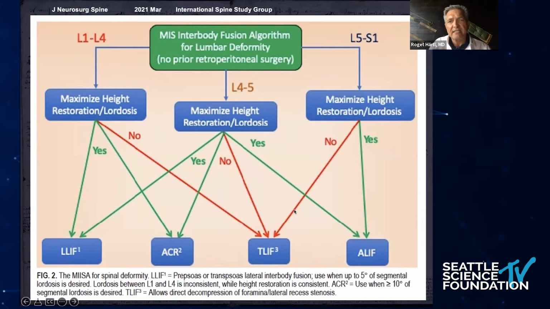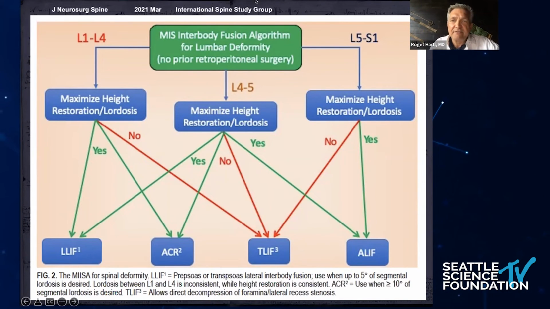All of us agree that MIS TLIF is a great operation for direct decompression, and it's a great operation to stabilize, to fuse the spine very successfully at 1 or 2 levels, but it's not a great operation to restore height or lordosis. And the algorithm fully acknowledges that, of course. At L4, L5, you have the most options.